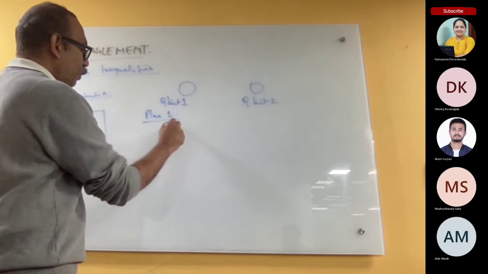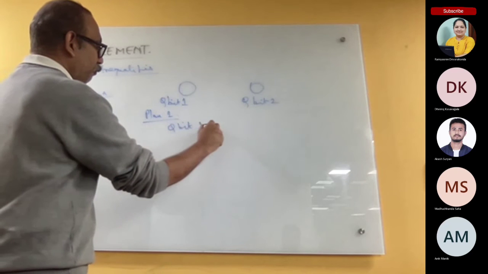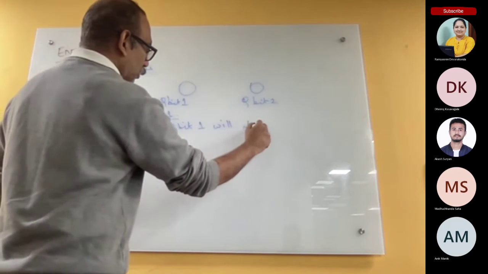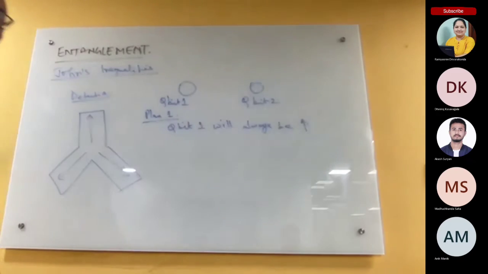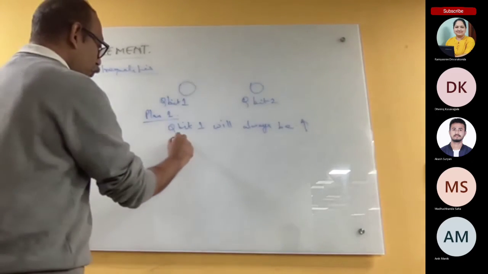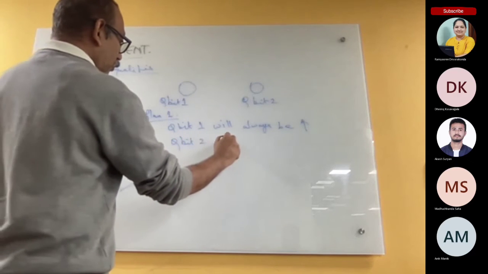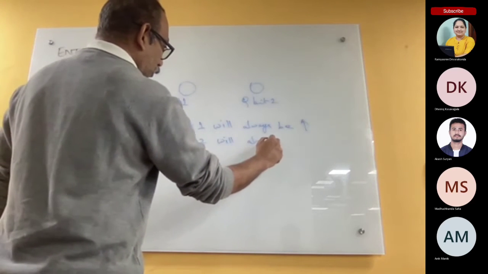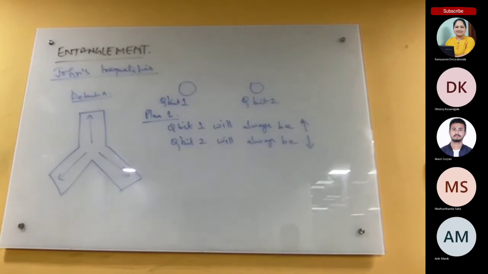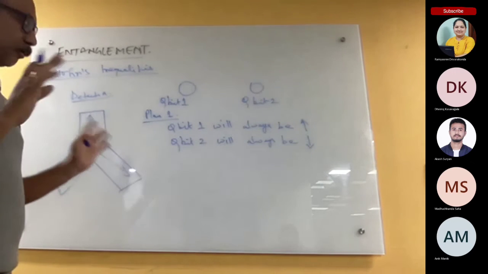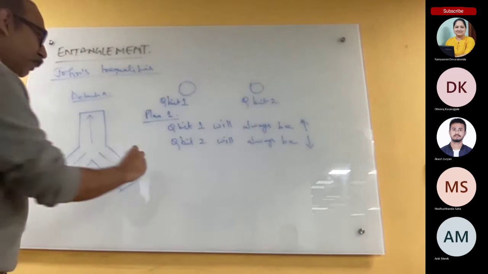Plan 1 will be qubit 1 will always be up, and qubit 2 will always be down. Let us say it is some plan that the qubits have made between each other, because there was some hidden variable. Okay, that is one plan.